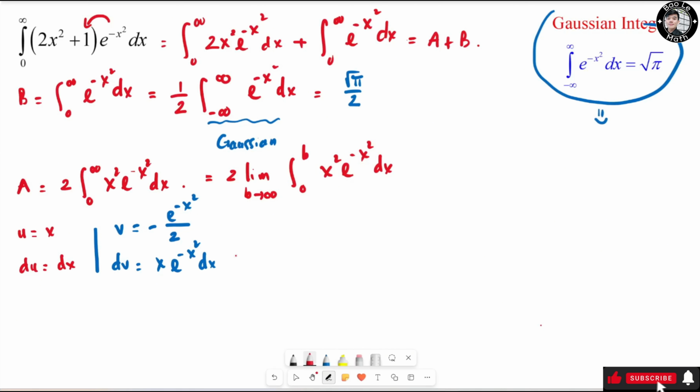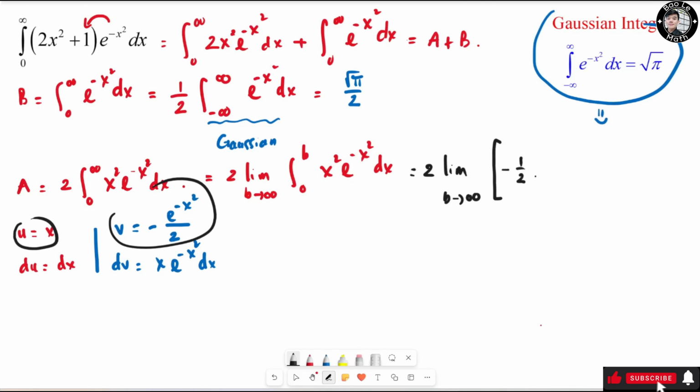So it's going to be 2 times the limit as b approaches infinity of u times v, which is negative 1 over 2 s e to the negative s squared evaluated from 0 to b, minus the integral of v du.